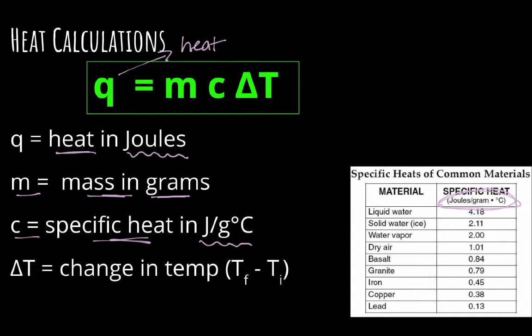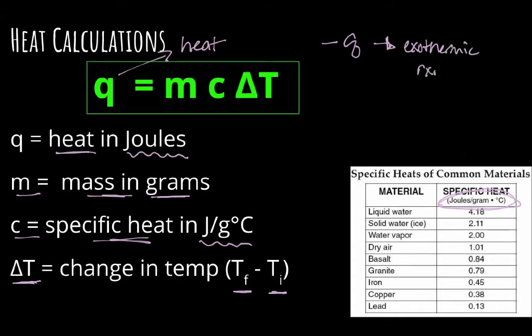The final thing we'll need to know is the change in temperature. When you calculate a delta T, or a change in temperature, you always take final minus initial. This is really important, because when we solve for Q, as we talked about yesterday, Q is either exothermic or endothermic. If you have a negative Q value, that tells you this is an exothermic reaction.